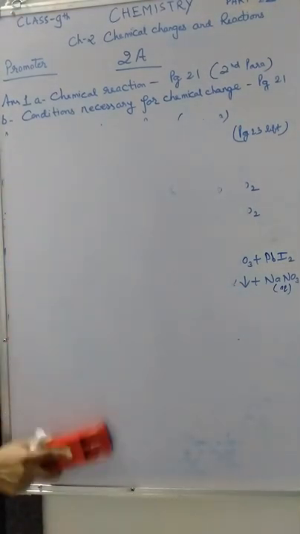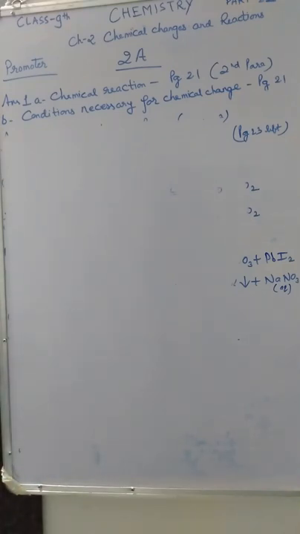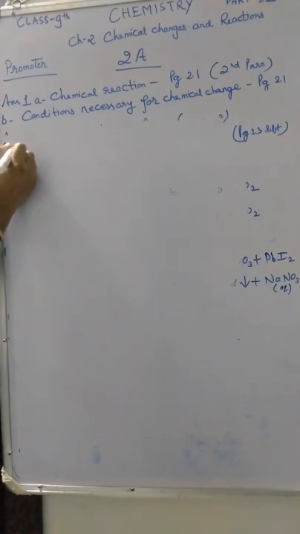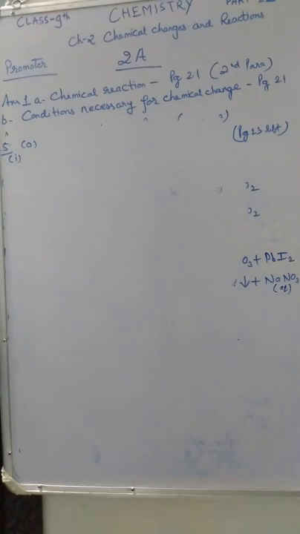Some are not given, that I am giving you. First one is a photochemical reaction involving silver salt, and second, water. Answer number 5, A, first one: photochemical reaction involving silver salt.